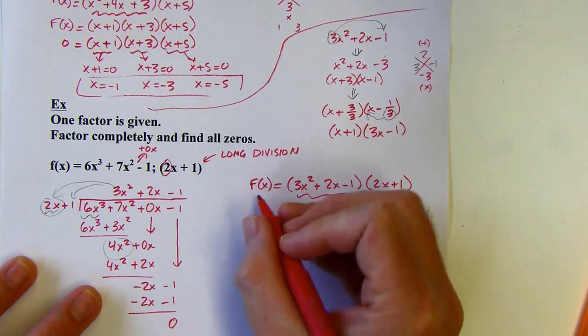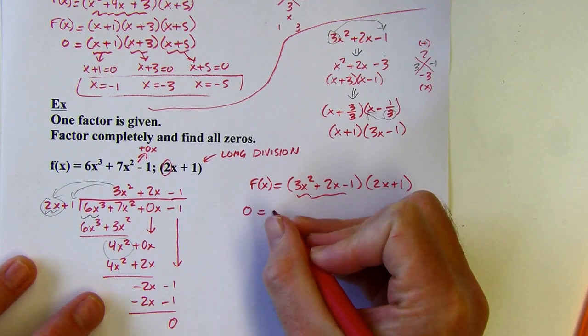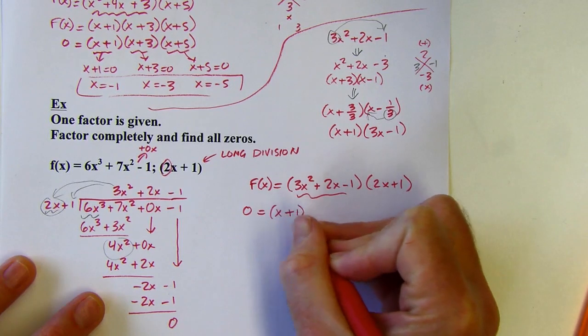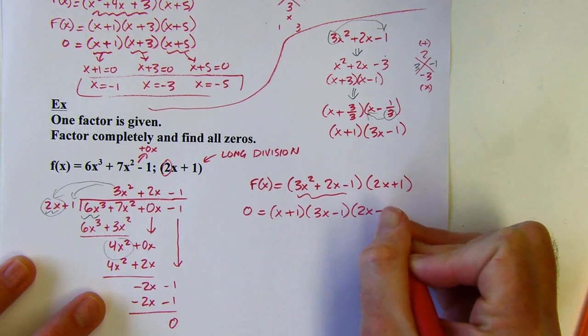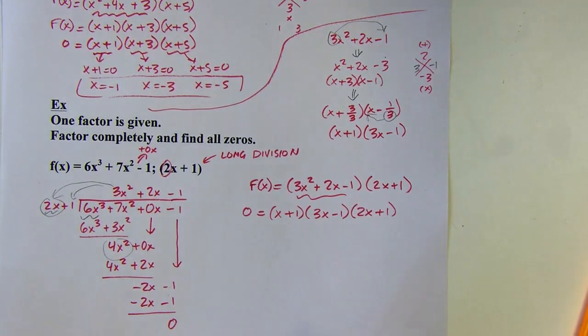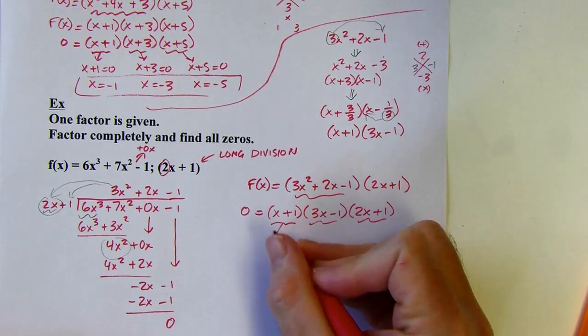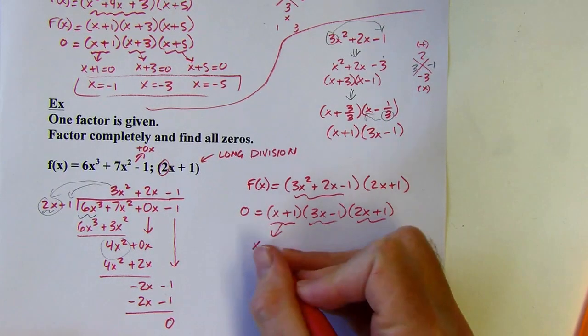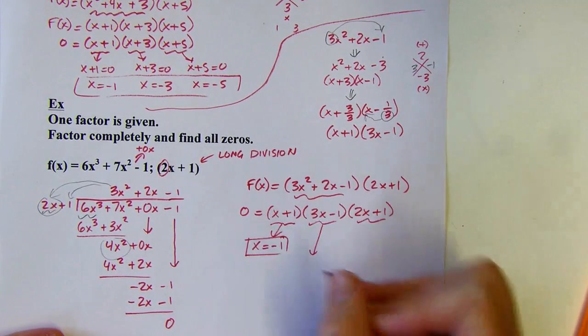Okay. So at some point I want to put in a 0 for y. I might as well do that now to save myself a little bit of writing. Okay, now this is completely factored, and that will allow me to solve for x. One of these three things has to equal 0. So if x plus 1 equals 0, then x equals negative 1, right? There's a solution.